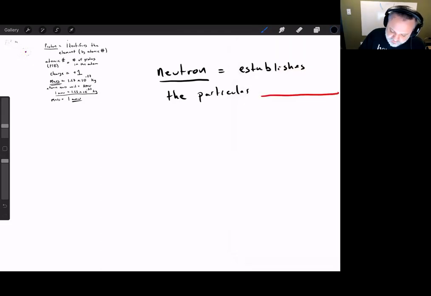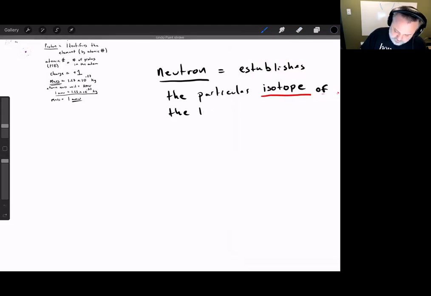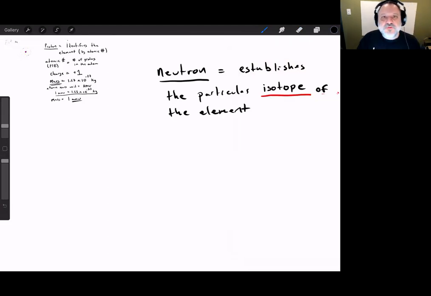The neutron establishes the particular isotope of the element. And we'll define isotopes starting on Wednesday. But for now, I want to talk about the neutron.